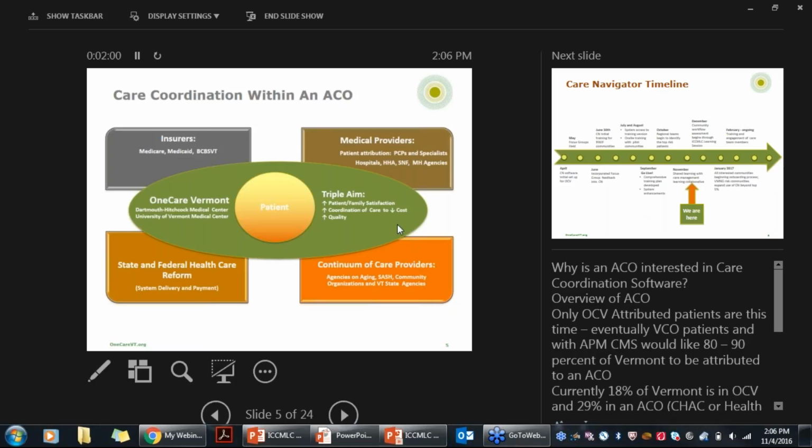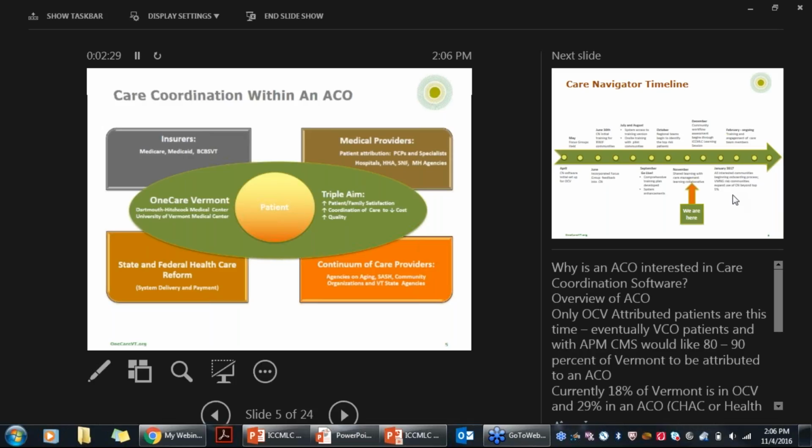As we know, the all-payer waiver was recently signed and is going to go into effect. And CMS's goal is to have 70% of Vermont's population in an ACO by 2022 and 90% of Medicare beneficiaries in the ACO. So we're preparing for that as well in the system.